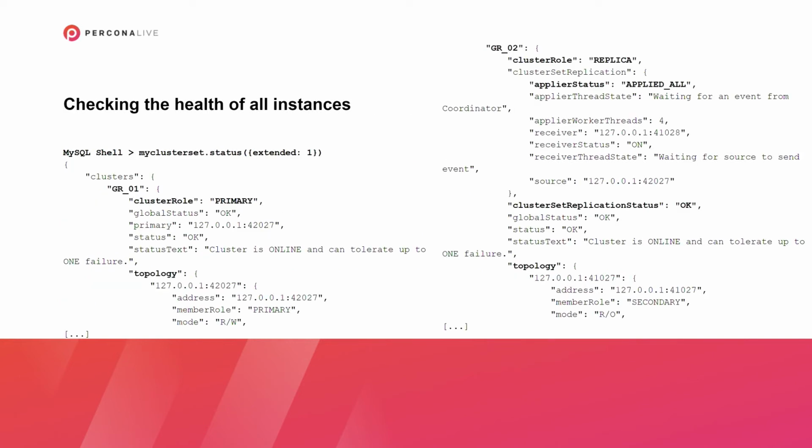Now our status, and there's an extended version which shows the health of every single node. But now our status will show 2 different clusters, GR01, and it will show you the topology with all the nodes, the roles of each node, and you have the secondary cluster, which will have the cluster role as replica, and the applier status.